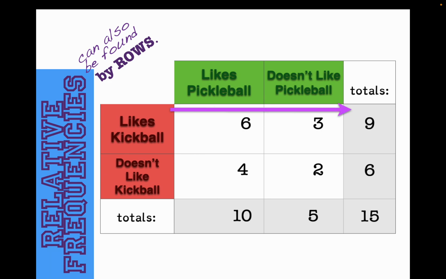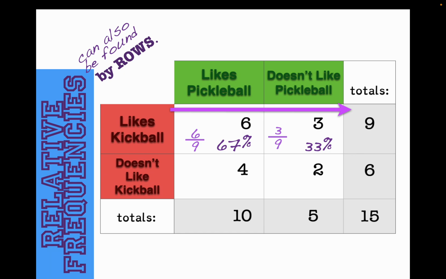I would need to go to the kickball like row that goes horizontally across the screen. There are 9 total people who liked kickball. 6 of those 9 people also like pickleball. So 67% of the people who like kickball also like pickleball. 3 out of the 9 people who like kickball don't like pickleball. There's your relative frequency for that.